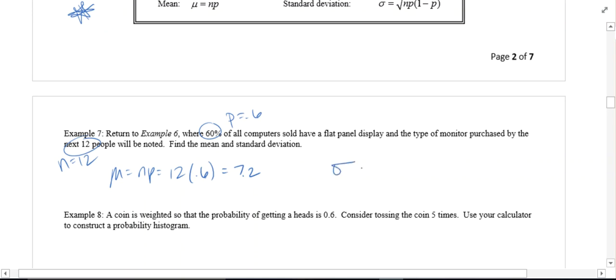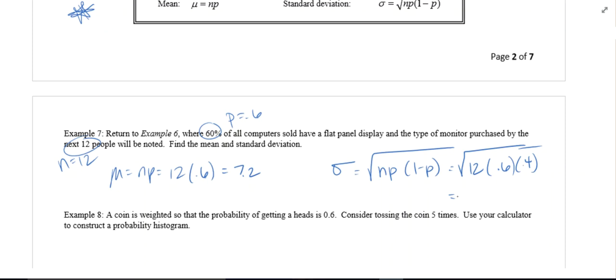Okay, the standard deviation we're going to have is the square root of n times p times 1 minus p. So that's 12, p is 0.6, so then 1 minus p would be 0.4. For some reason, this part is something that students make a lot of mistakes on. I'm not really sure exactly why.